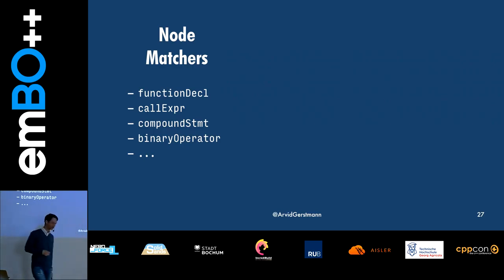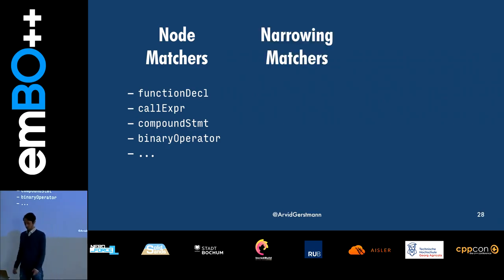Then there's, for example, compoundStmt, which is matching any compound statement, so function bodies, for example. binaryOperator, matching any binary operator, like plus equals or minus equals or just equals. They won't match overloaded C++ operators, though. There's a different matcher for that, so be careful. The next matchers are narrowing matchers.